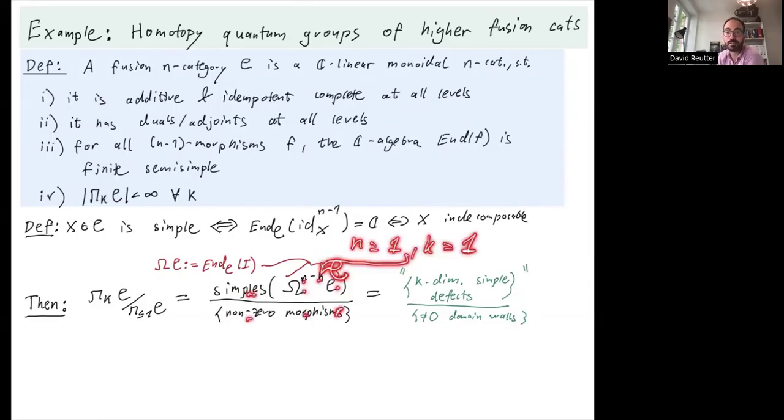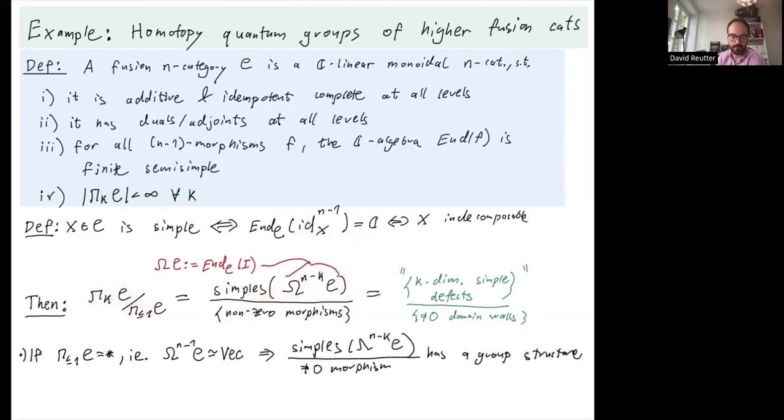But by Schur's lemma, this is the same as simples in C up to isomorphism. And so what this captures is pi 1 of C, up to this action, in a fusion 1-category is precisely the simple objects up to isomorphism. But again, I should say for n equals k equals 1, you don't have these groups.